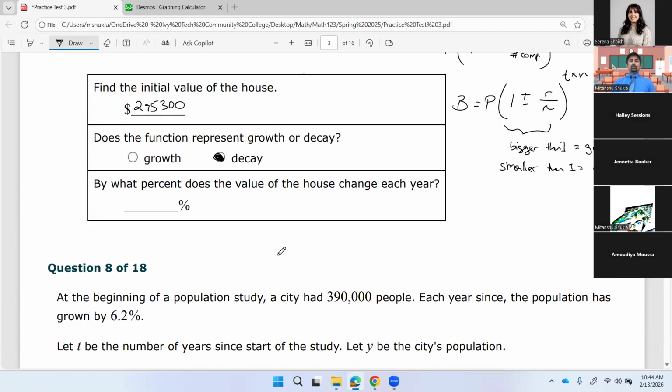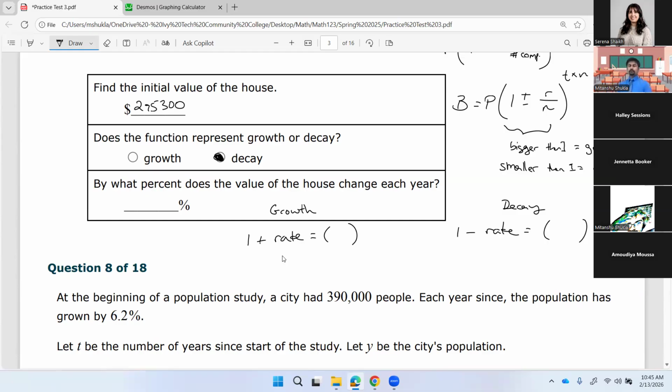Right? So I know that 1 plus rate equals what's in the parentheses. And 1 minus rate is also going to be what's in the parentheses. So notice that this is growth and this is decay.